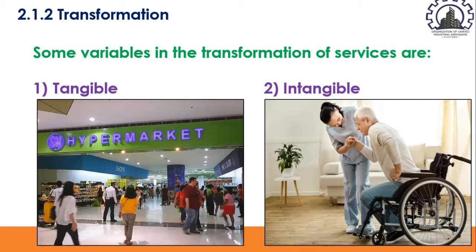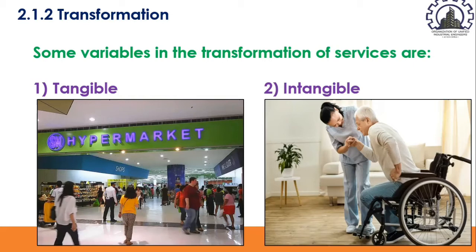Now, what's the difference between the two? An example of a tangible variable is determining the number of store sites for a retail business. An example of an intangible variable would be a caregiver's attention to a patient or the level of judgment required by a bouquet arranger in a custom flower shop.